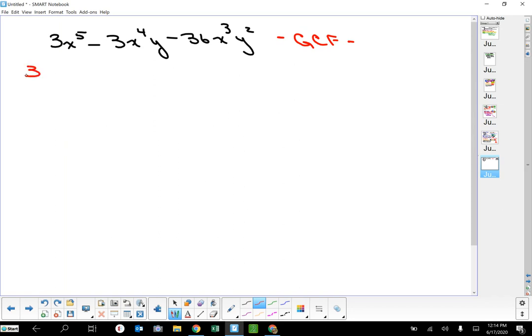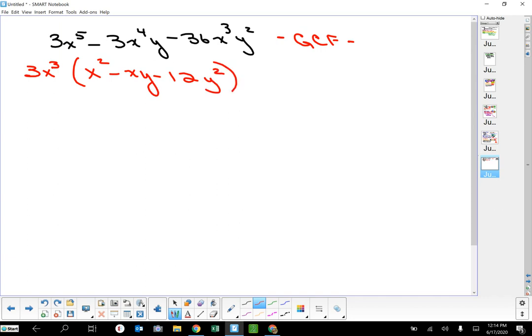And then we have an x to the 5, x to the 4, x to the 3, so x to the 3rd can come out. And then we have no y's in this first one, which means we have no y as a GCF. So 3x to the 3rd is my GCF. That's going to leave me x squared minus, I take a 3x cubed out of this middle term and I get xy. Take a 3 out of a 36 and I get a 12. X cubed is gone. Y squared.